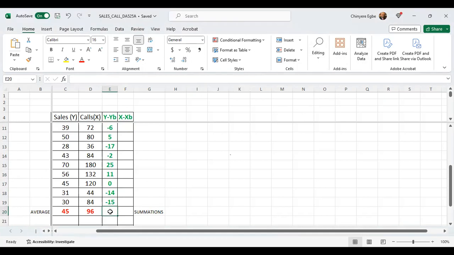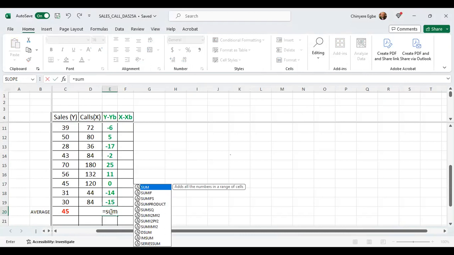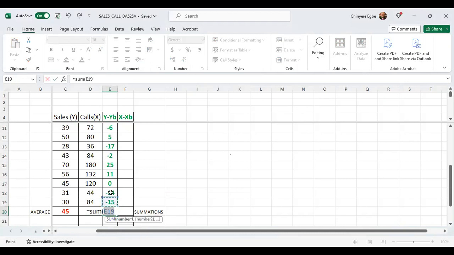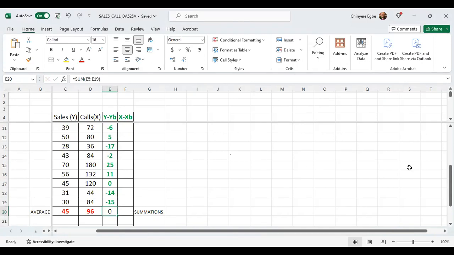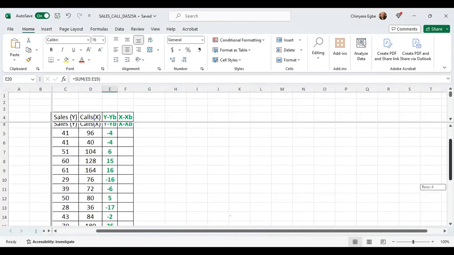If you take the sum, you get a 0. So the sum of Y minus Y bar is equal to 0.